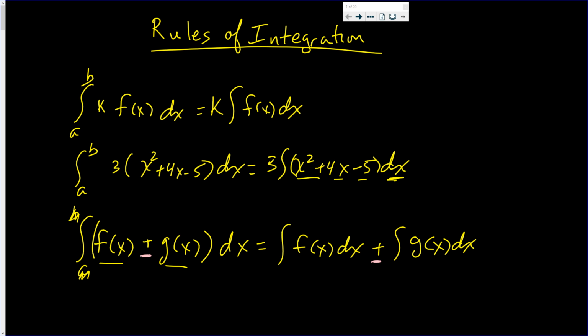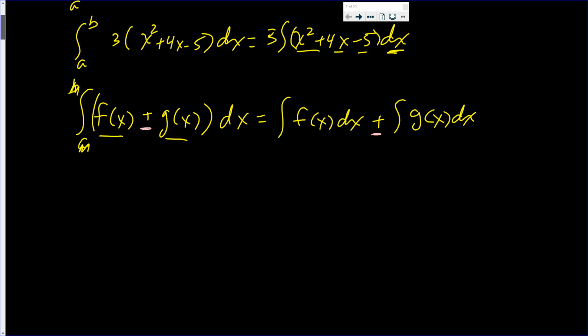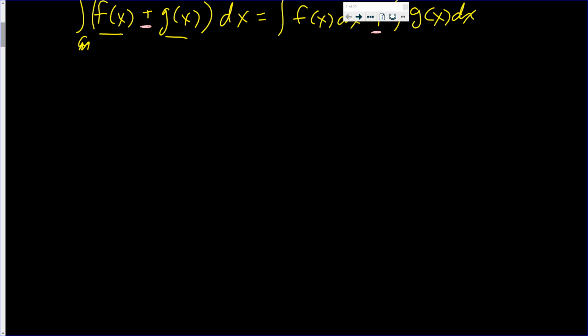The next rule that we should know, it's really a good rule to know because the answer is immediately known. If you integrate from a to a of f of x dx, well, let's think about what you would get.